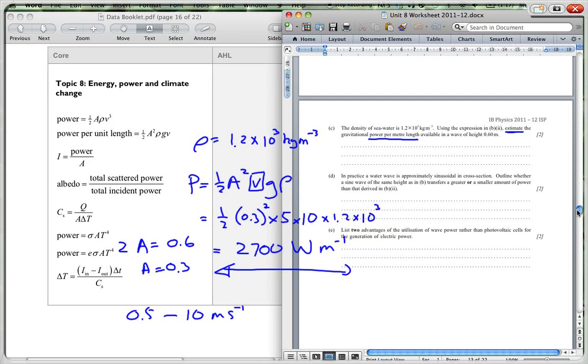It says in practice, a water wave is approximately sinusoidal in cross section. Outline whether a sine wave of the same height as in B transfers a greater or smaller amount of power than that derived in B2.